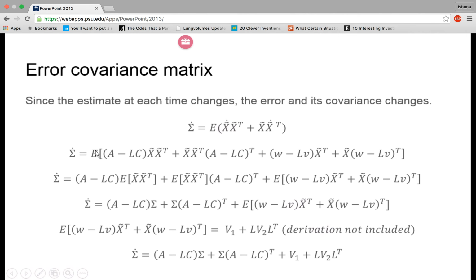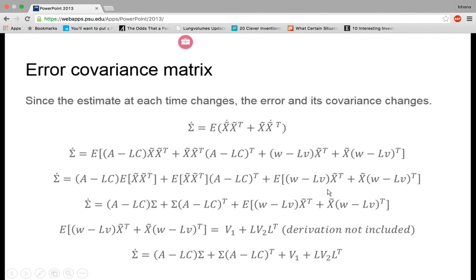And we want to take the expectation of this entire expression. Now we know that A minus LC is not dependent on any of the other terms, so we can consider just the expectation of x tilde into x tilde transpose. This is what we did in this term as well.